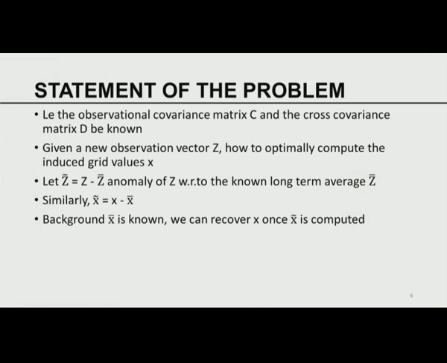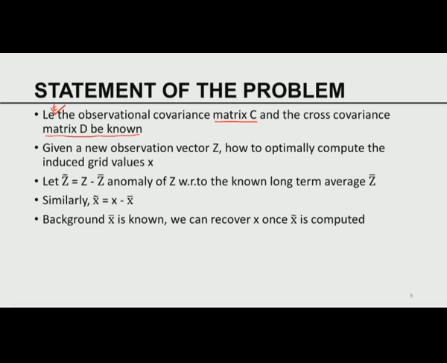Now what is the statement of the problem? I am sorry, there is a spelling problem here, there has to be a T. Let the observational covariance C and the cross covariance D be known, matrix C and matrix D be known. So what do C and D represent?